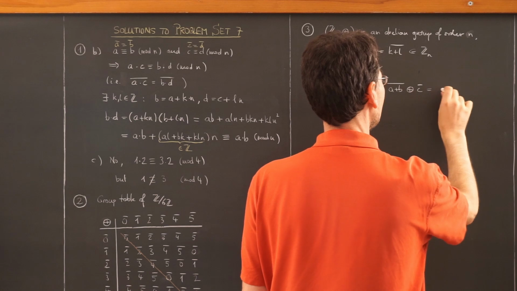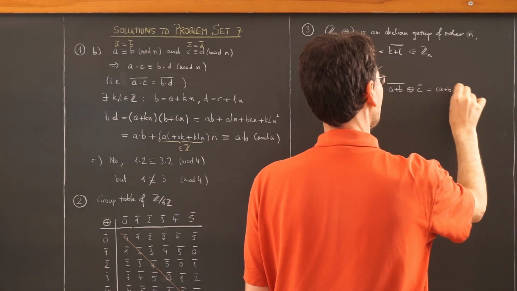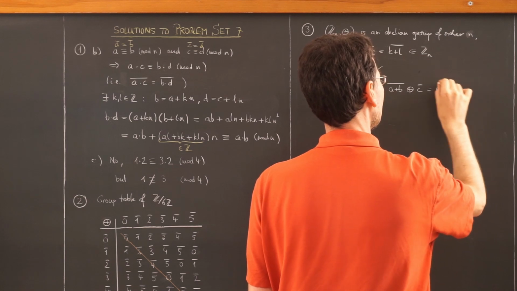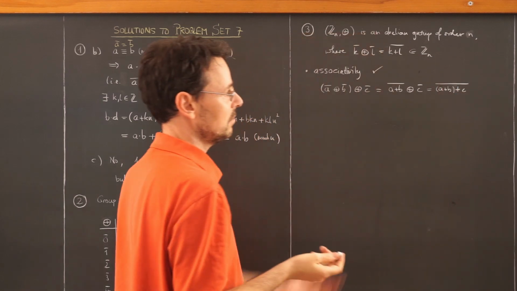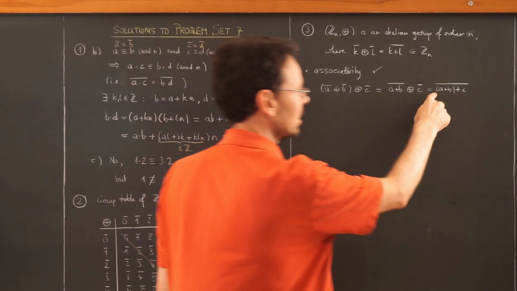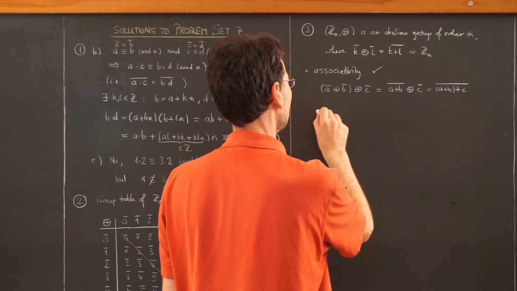Now here we have a plus b plus c. By definition, we take this number plus this number and then take the residue class. And now we have the parentheses here.